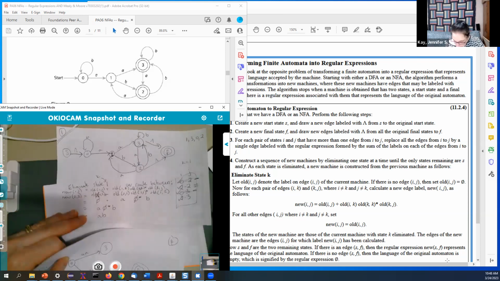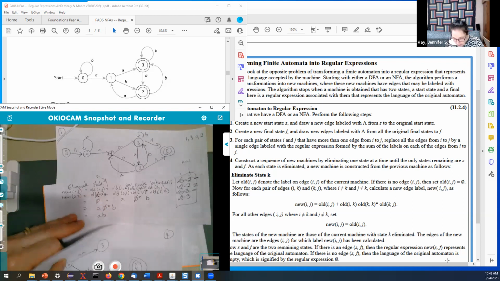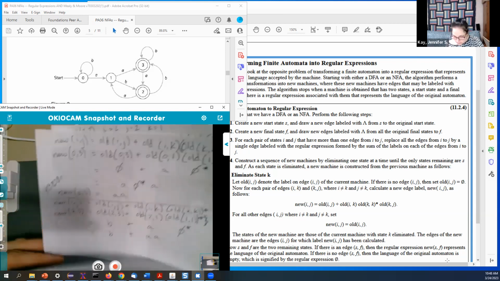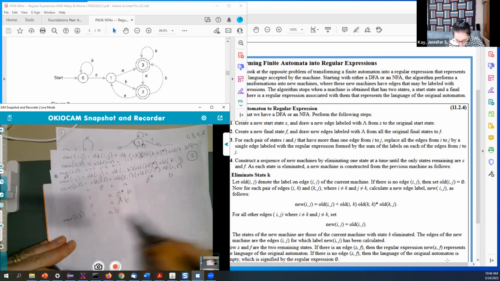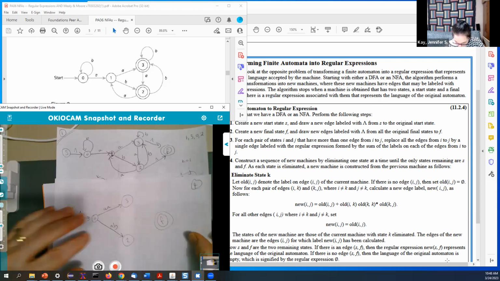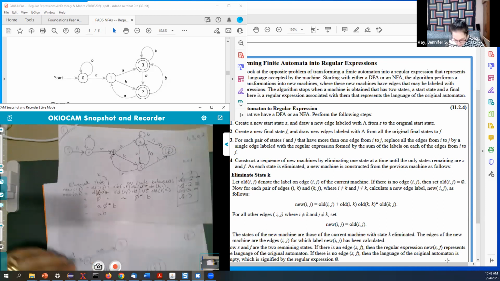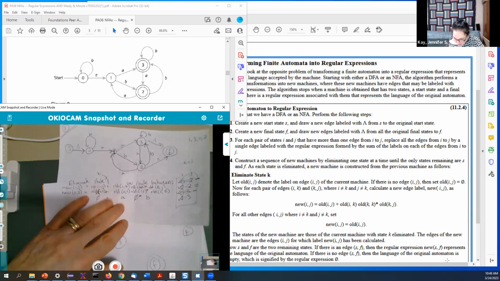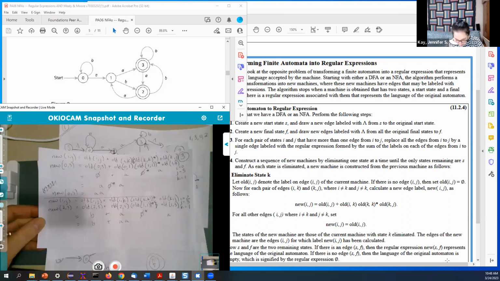And our new 2 to 2 is AB. And the new 2 to 3 was B plus AA.